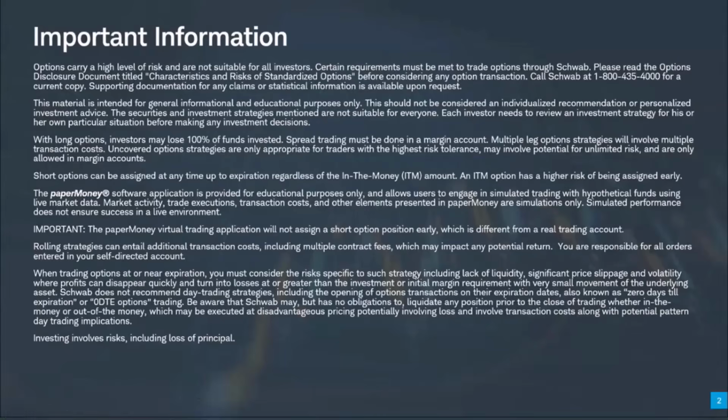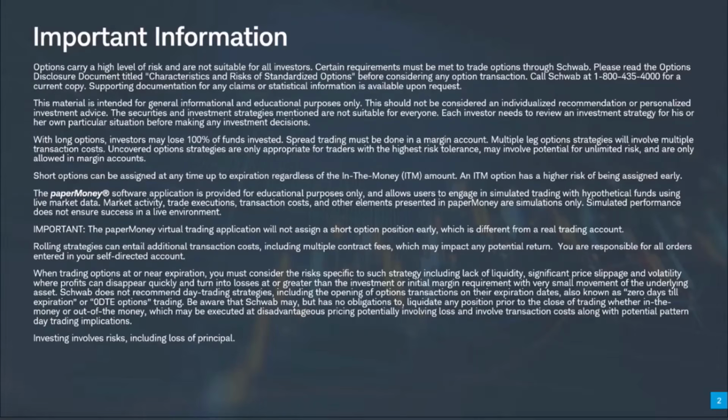Quite a bit to cover here today. Options carry a high level of risk and are not suitable for all investors. What we talk about today is intended for educational and informational purposes only. Don't consider it a recommendation. We're going to be using the Paper Money software application. This is the most robust version of Thinkorswim. You download it to your computer, and it mimics your live trading account pretty well, but there are some differences.